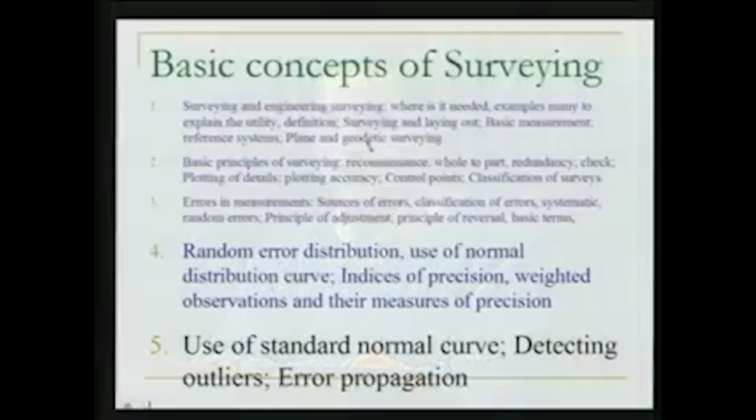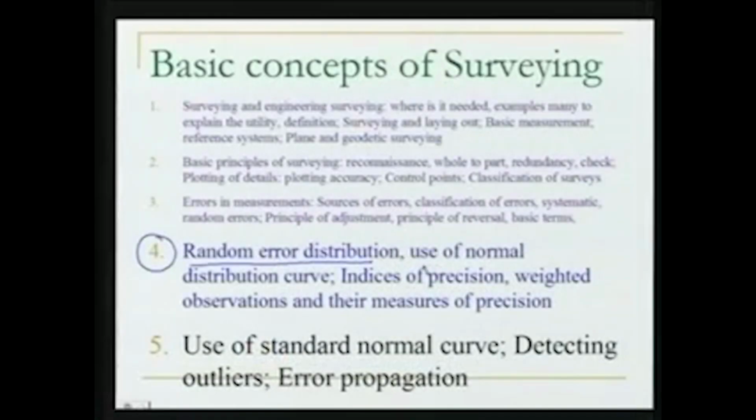What we have done so far in the last 4 lectures, particularly the 4th one, we talked about the distribution of random error. We saw what kind of distribution it follows, the normal distribution. We saw the equation also for the normal distribution.